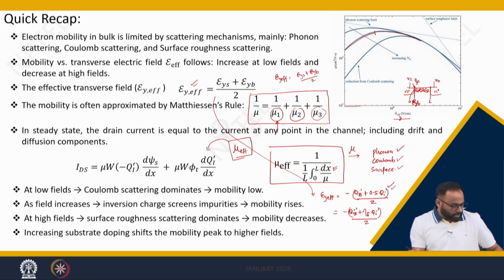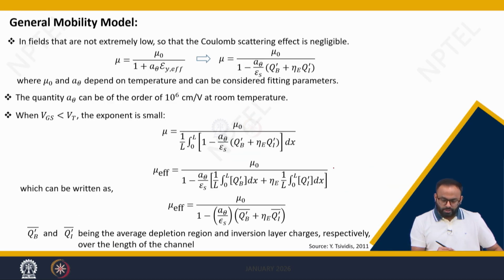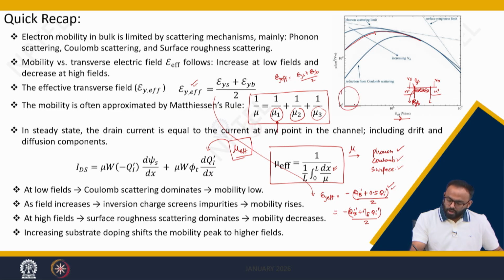So, let us move ahead to see whether we can model this effective mobility with some empirical or semi-empirical formula. Let us assume that the field Ey effective is not very low, meaning you are not in this region, because if the field is very low then Coulomb scattering dominates.